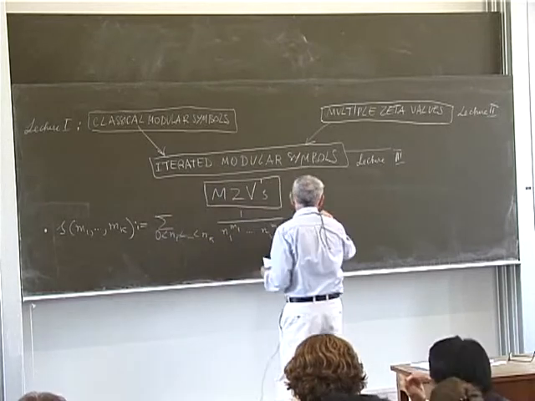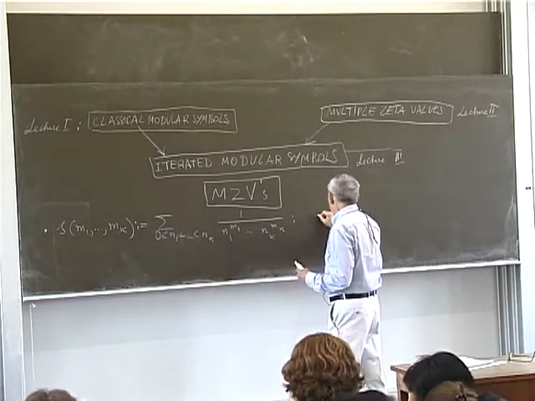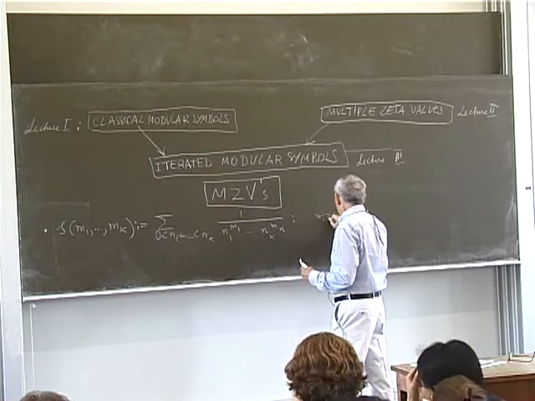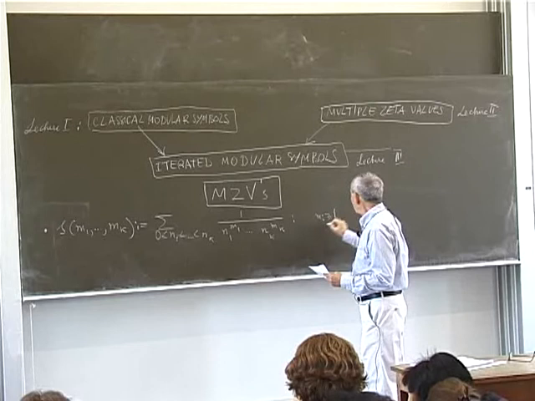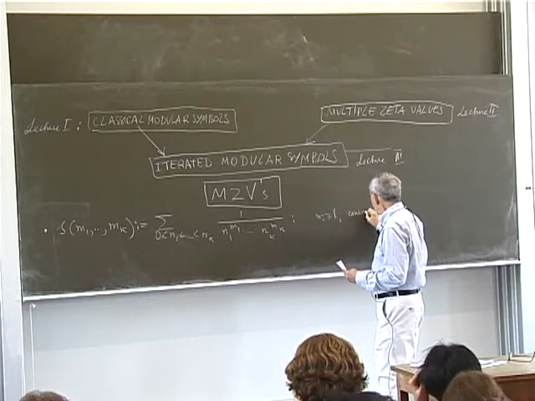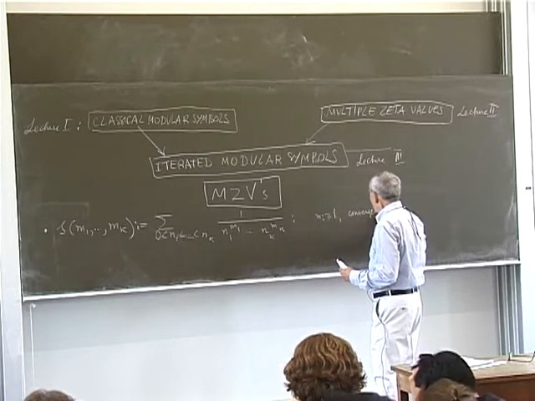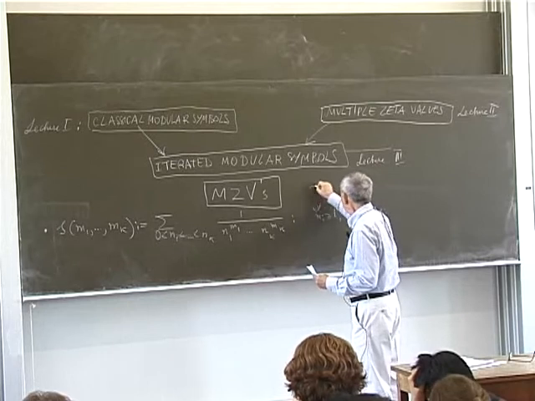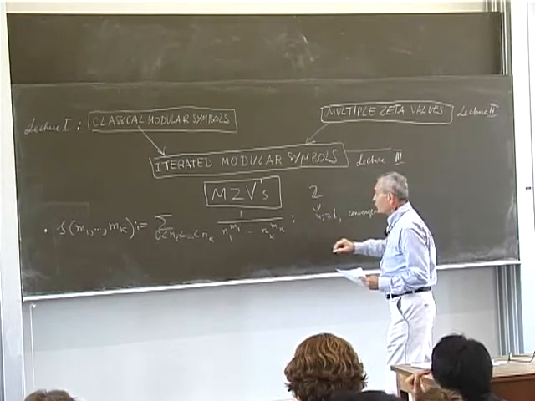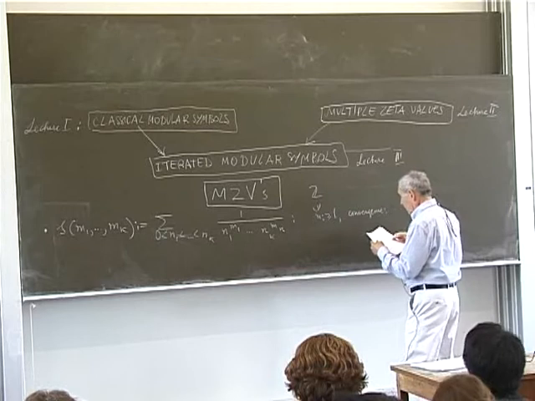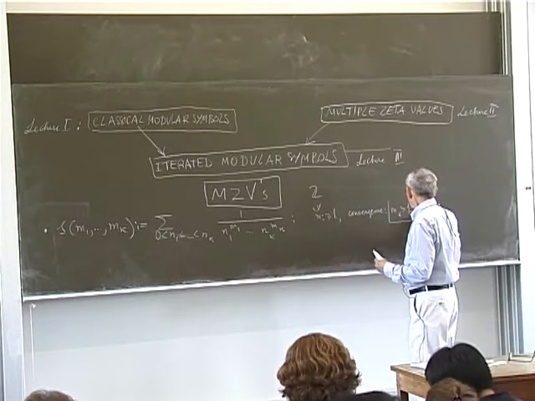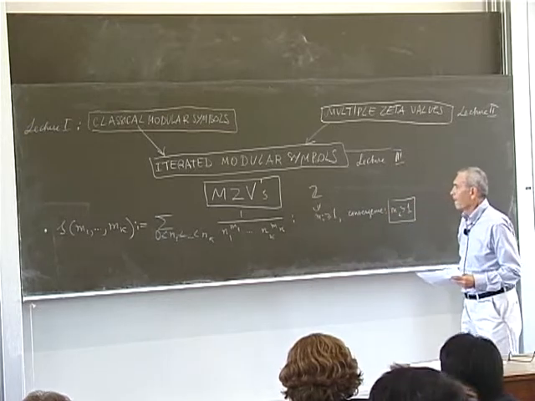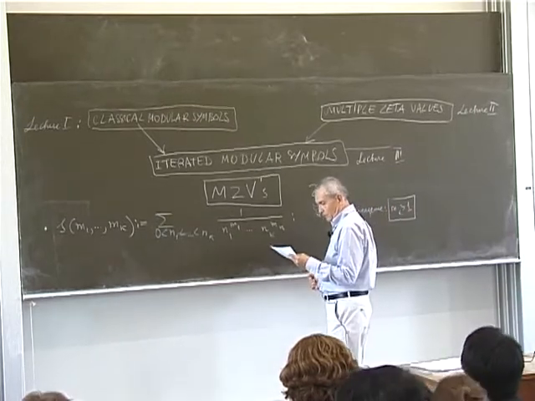And so the m_i will be positive integers. And for convergence, we need the last one to be at least 2. So this is the definition.